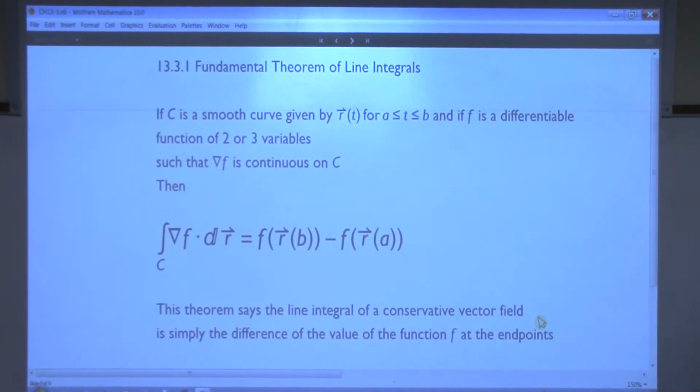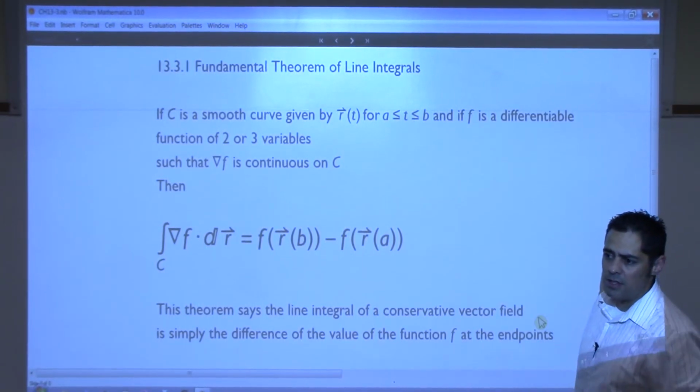We look at each of the component functions, and each one of those is a nice continuous function.